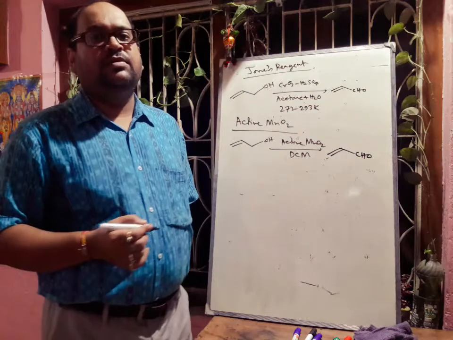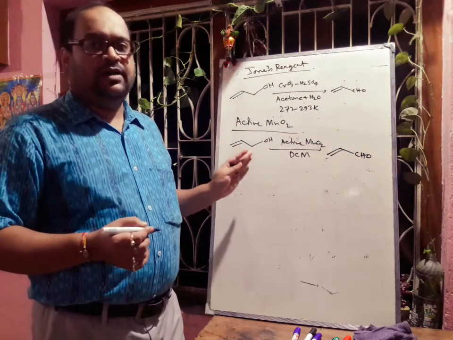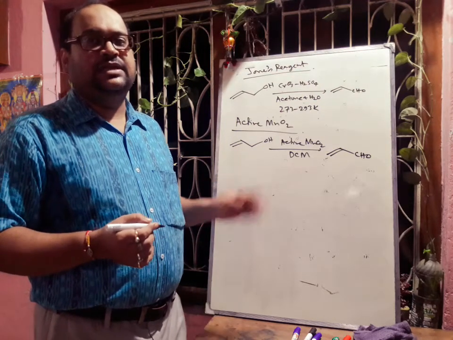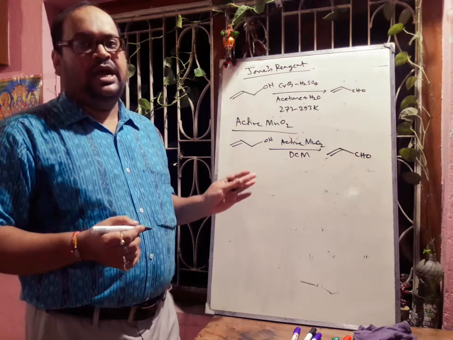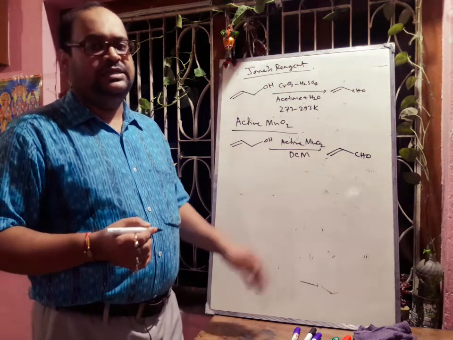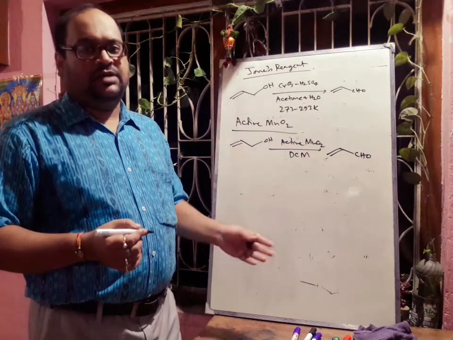Here also the carbon-carbon double bond remains unaffected, and one of the major advantages of this reaction is that it takes place under mild and neutral conditions at room temperature. Just by filtration you get the product in DCM. Just evaporate the DCM and you will get your desired compound.